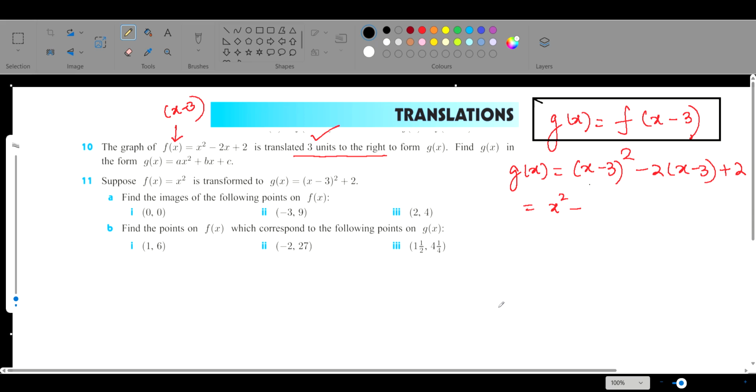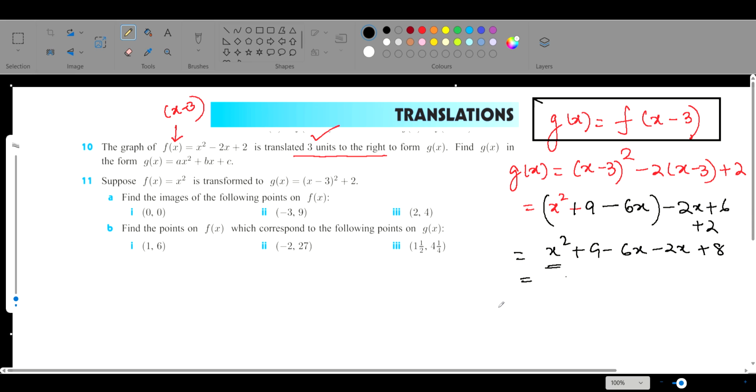Okay. So expanding the bracket, (x minus 3) whole square is a square plus b square, which is 9, minus twice of ab, 2 times 3 is 6, 6x, minus 2x plus 6 plus 2. So it is x square plus 9 minus 6x minus 2x plus 6 plus 2, 8.